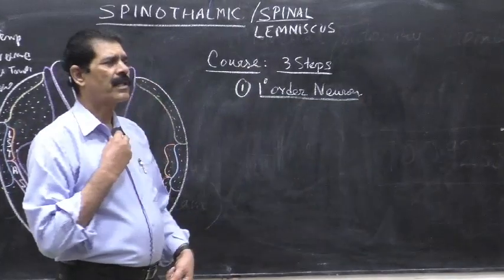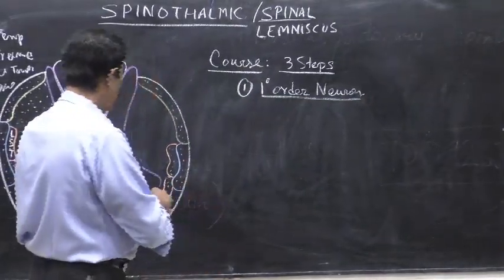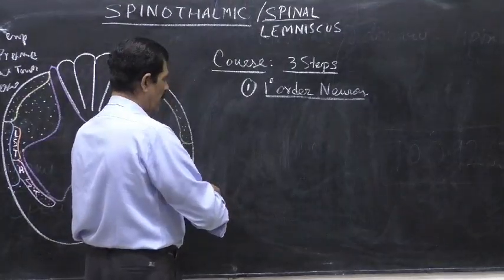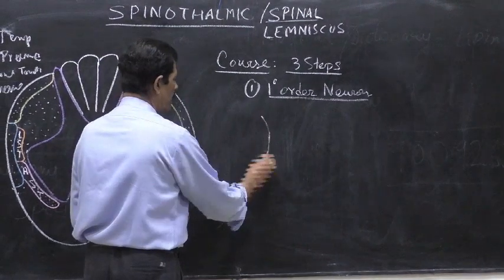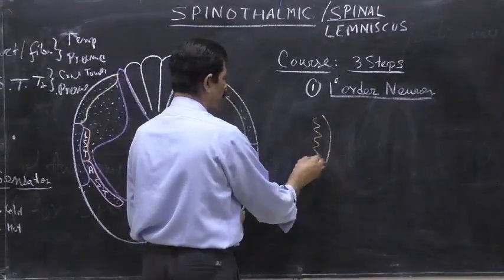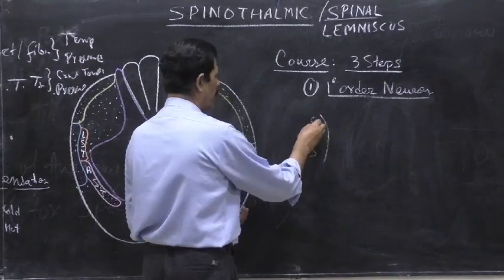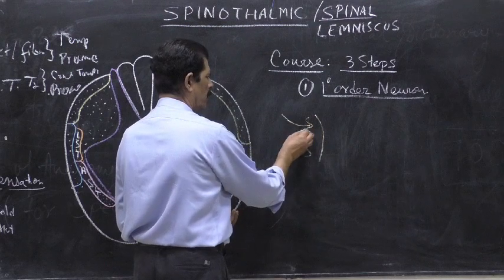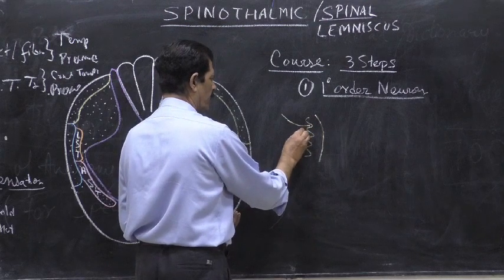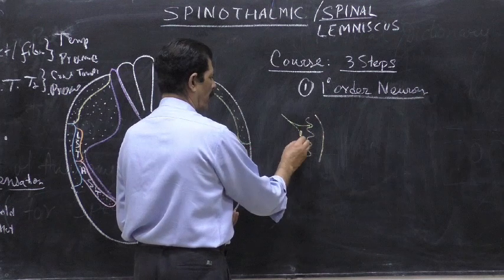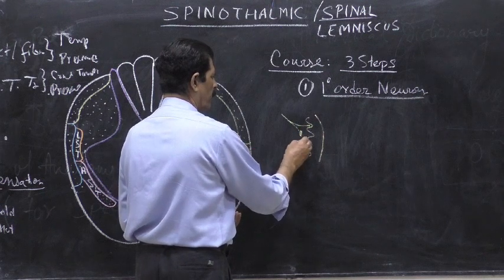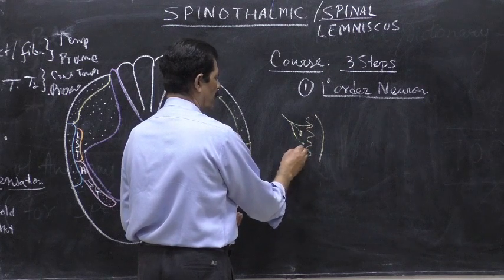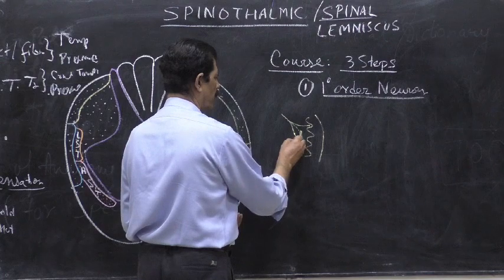First, what is the first order neuron? As usual, first order neuron will start from the skin. It will start from the dermis of the skin, because dermis of the skin contains free nerve endings for the pain, Pacinian corpuscles for the pressure, and receptors for temperature, cold and hot, and the crude touch.